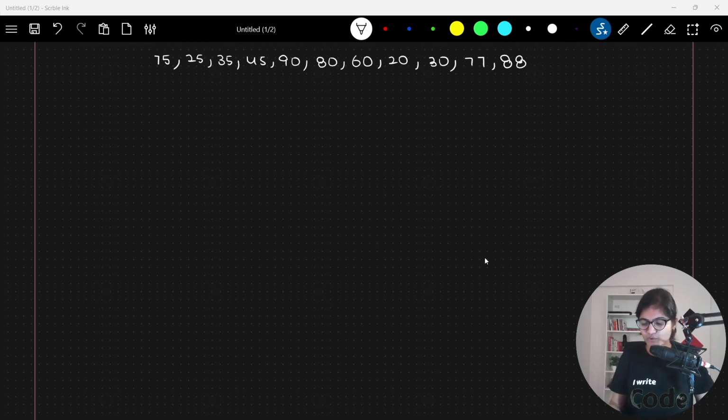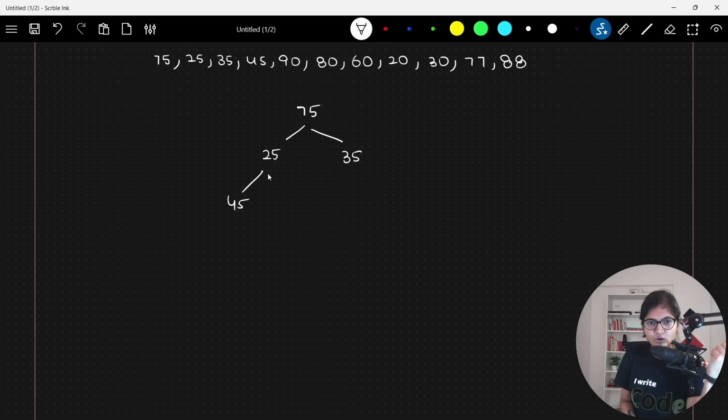First of all, we can simply write these numbers in the form of a CBT, a complete binary tree. So I will start from 75. After that, I have 25, followed by 35, followed by 45, followed by 90, followed by 80, then 60, then 20, then 30, then 77, and then 88.